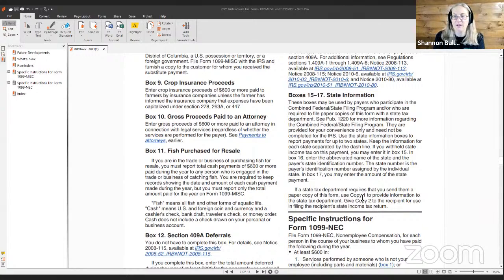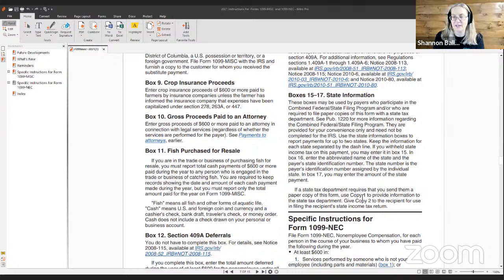See Publication 1220 for more information regarding the combined federal/state filing program. They are provided for your convenience only and need not be completed for the IRS. Use the state information boxes to report payments for up to 2 states. Keep the information for each state separated by a dashed line.